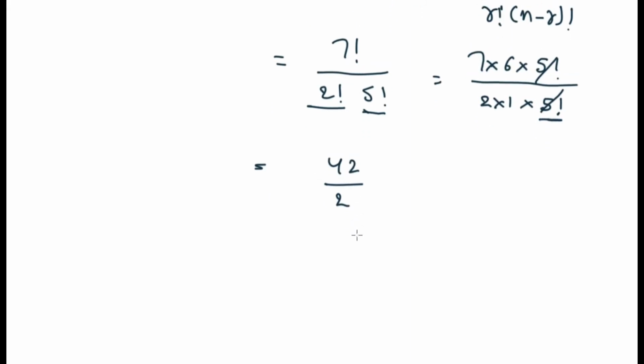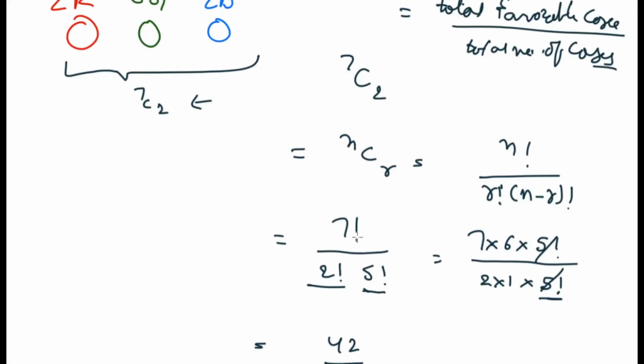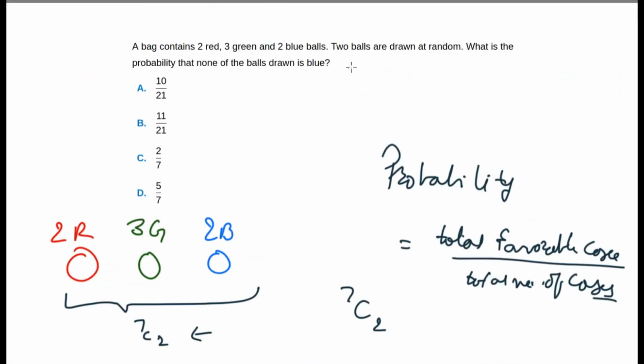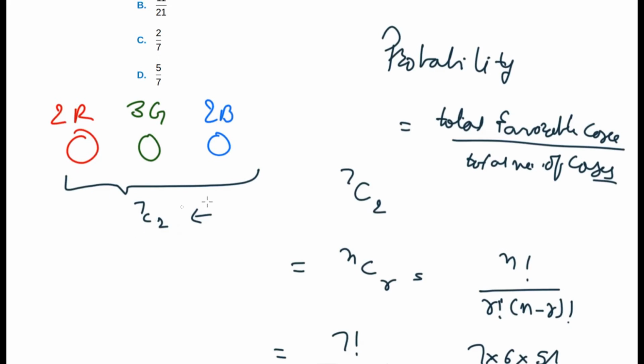Moving to the next part in the question, which is: what is the probability that none of the balls is blue? So we have taken 2 balls out of 7, and they are asking for the probability that the ball is not blue. So we can just take the probability of this, which will be equal to none of the blue. If you don't understand this, you can assume it this way.